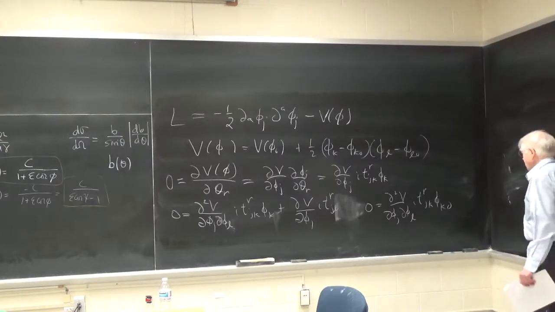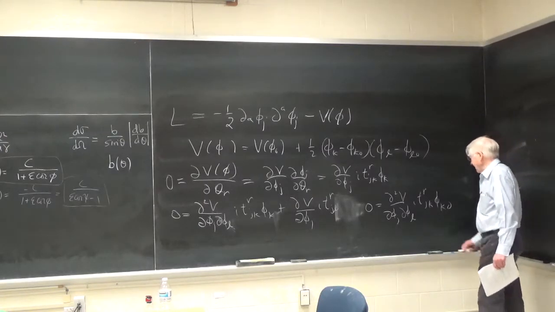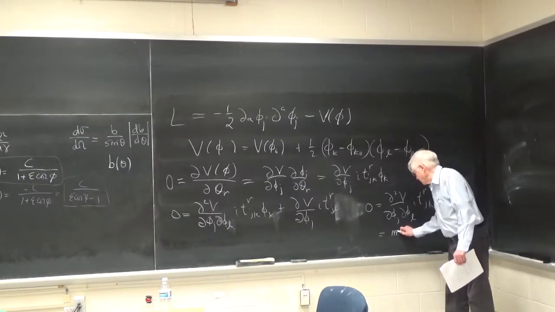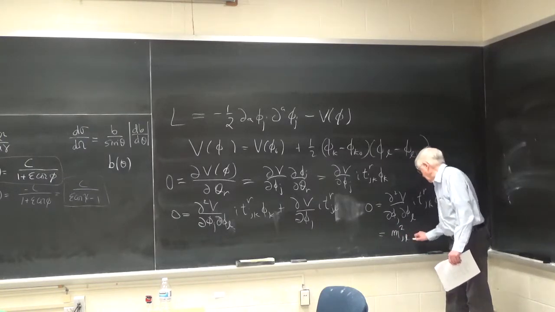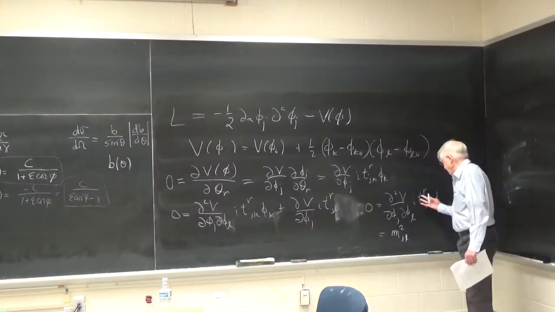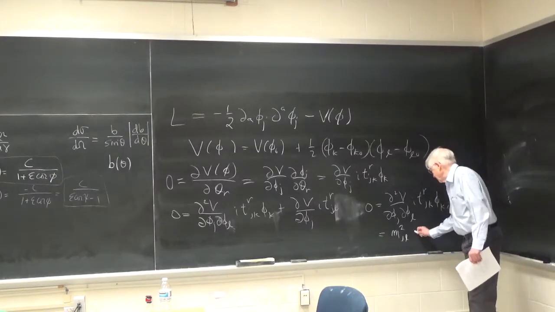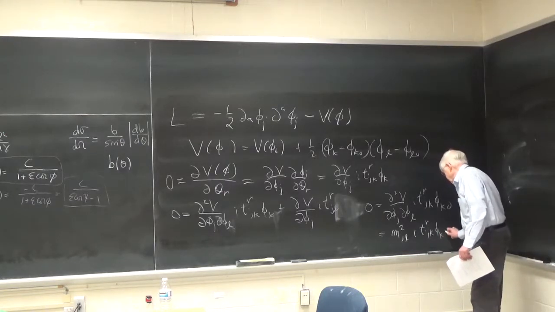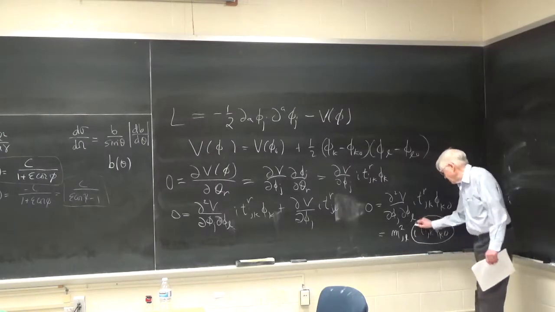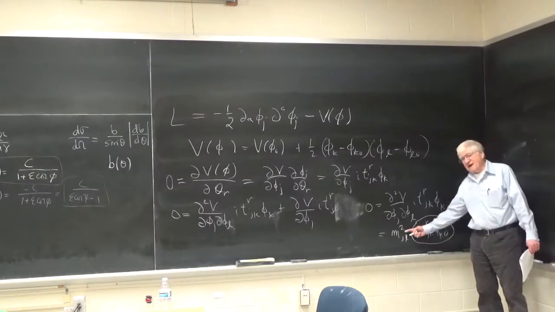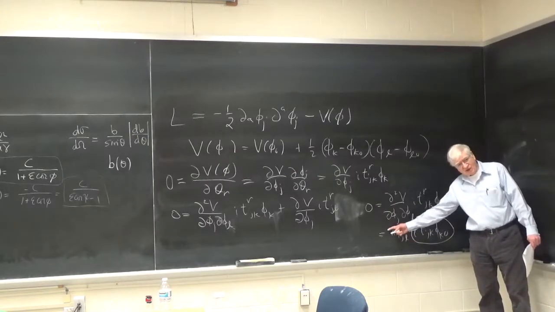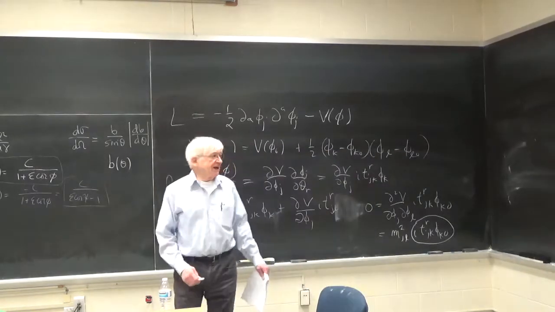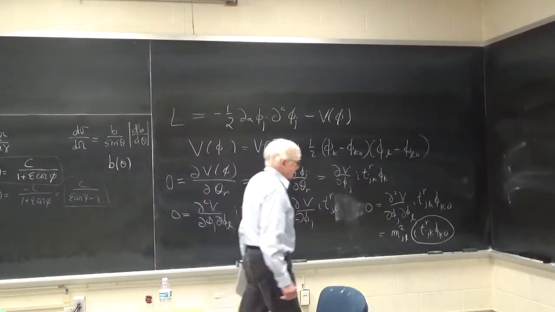The point is that this is the mass matrix m squared j l, and then this thing here is i t r j k phi k 0. That means this thing is an eigenvector of the mass matrix with eigenvalue 0. So there are massless particles in the theory, at least apparently.